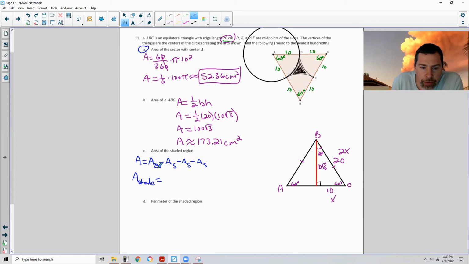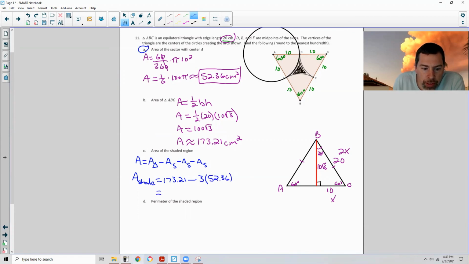Area, that's a triangle, by the way, pretty lame one. Let's fix that. Still pretty bad, but anyway, you get the idea. Area of the shaded region equals the area of the triangle, 173.21, minus, and instead of writing this 3 times, I'll say minus 3 times what we got for up here, which was 52.36.